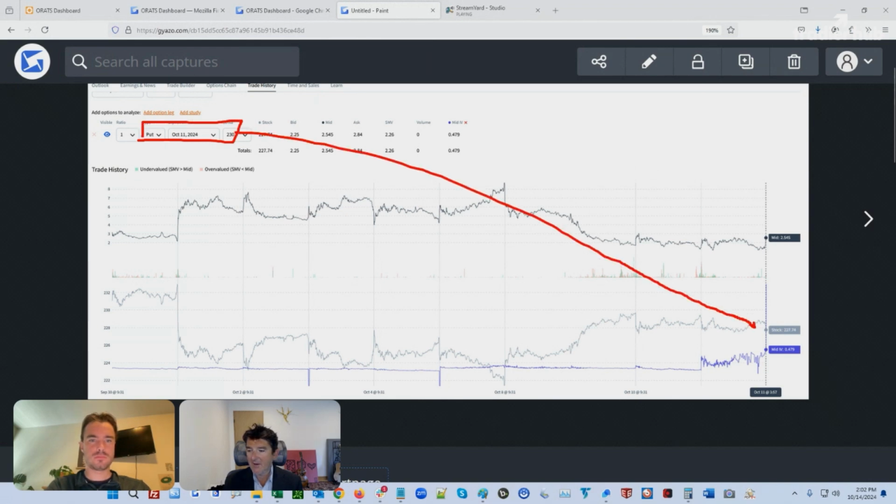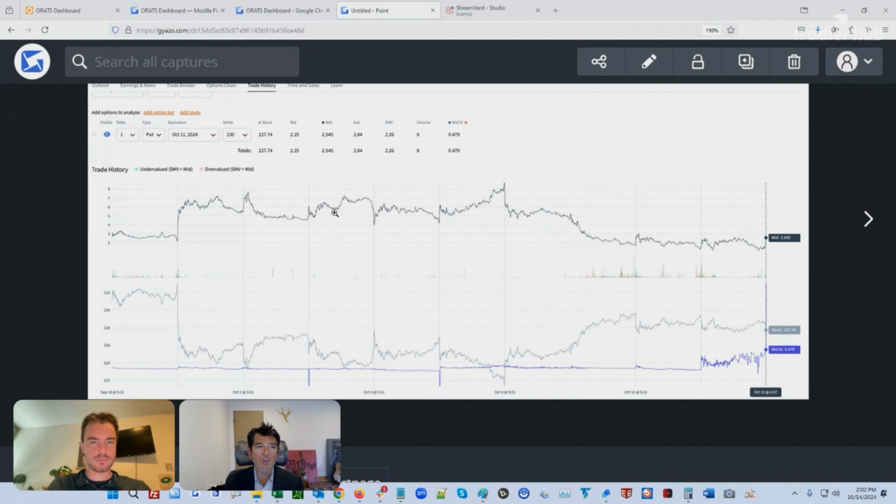So the stock expired at 227, so it was in the money, almost $3, $2.36, and it says 2.54, but that's just a wide market. So this is actually what it's expiring at.